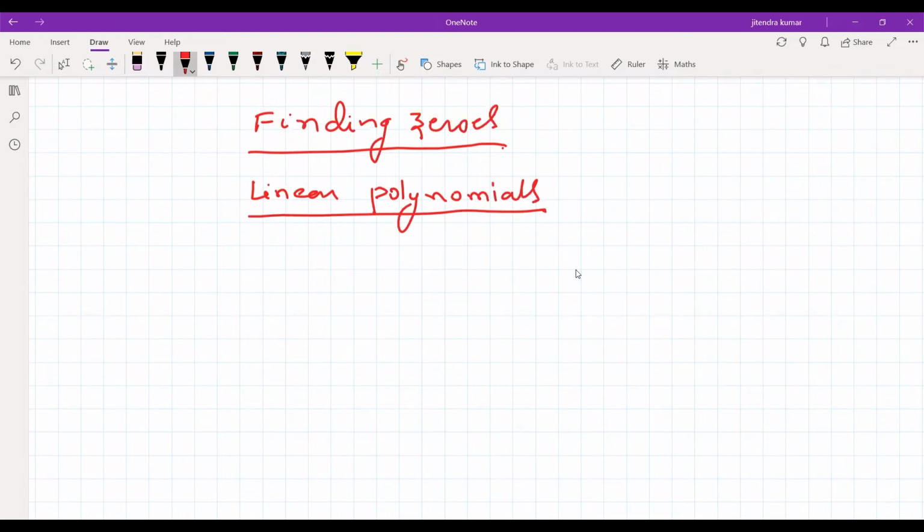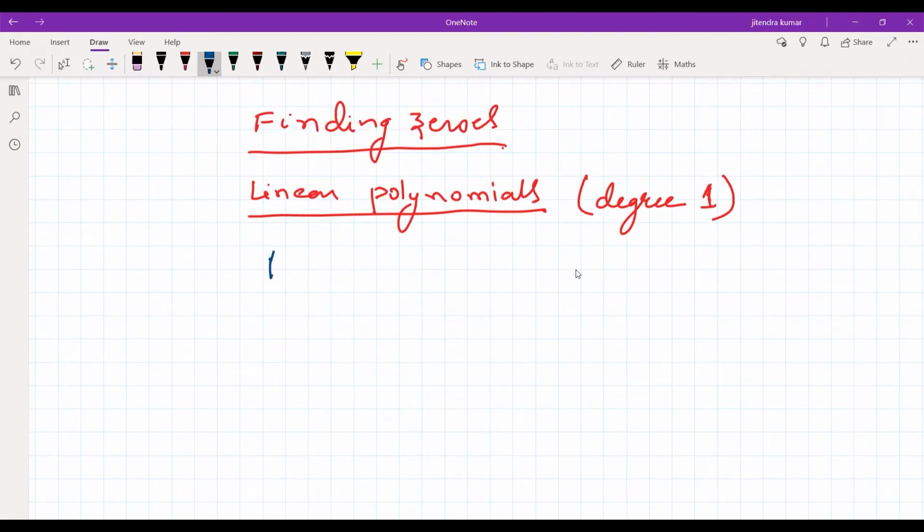Linear polynomials are polynomials having degree 1. So how can we find zeros of this kind of polynomial? Let's take some example first.